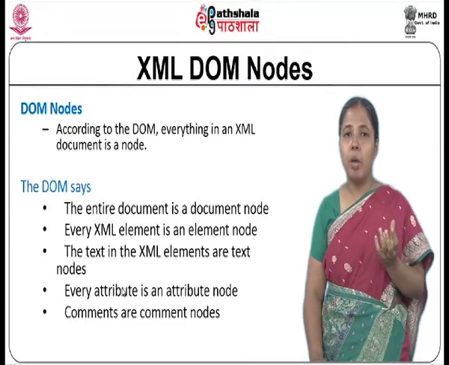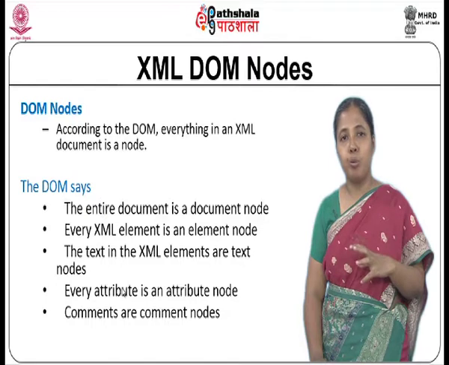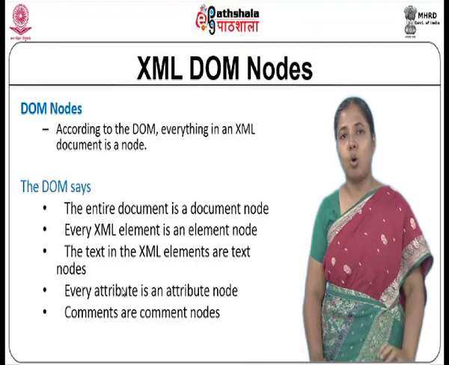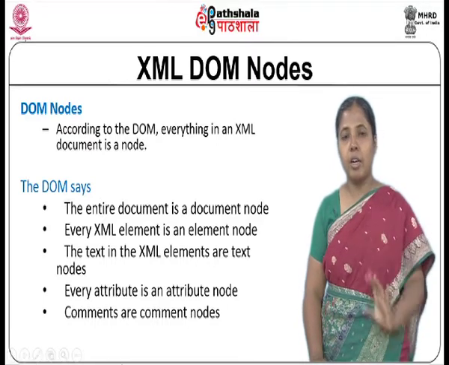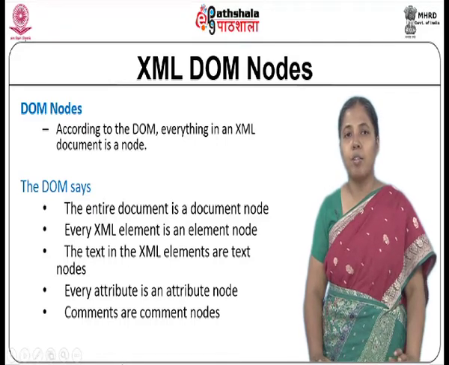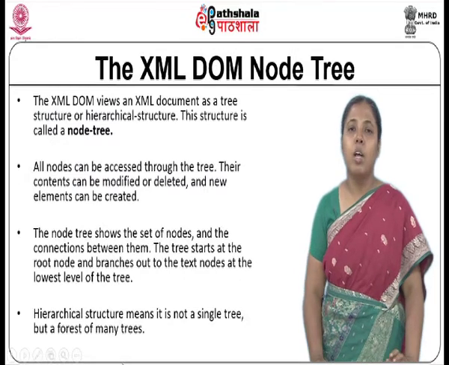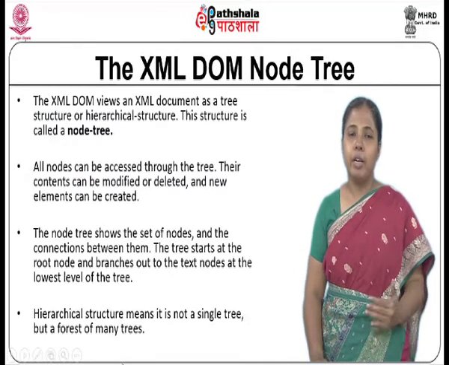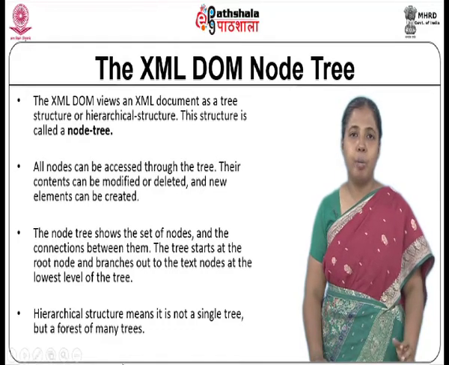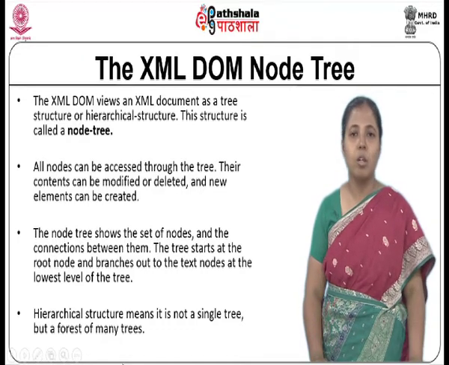The element can be described with attributes, which are called attribute nodes, and the comments you have in the document are called comment nodes. So, everything you see in an XML document is called a node. The entire document is a document node, every element is an element node, then text node, attribute node, comment node, and so on.